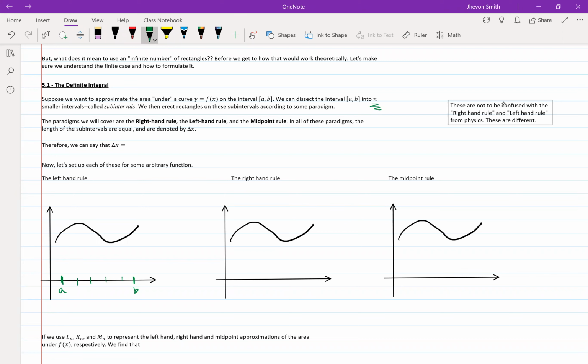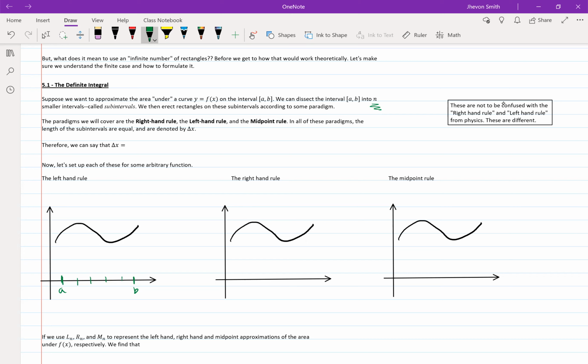Okay, so let's try to guess what the answer is using 4 rectangles or 5 rectangles or 10 rectangles, right? Now, of course, in an actual test, I'm only going to ask you like 3 or 4, but I want to give you the idea of what's going to happen here. So we're going to slice it up into n rectangles.